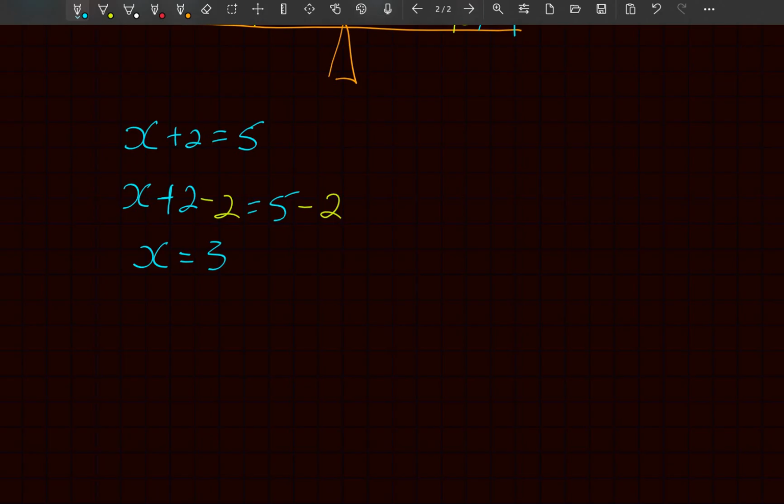Now, another example of this would be if we had something to the effect of this. Right, so we want to solve for x. We want to get x to be the subject of the formula. The first thing I would do is want to get rid of this plus 1, this minus 1, sorry. And how do I do that? Well, if I added plus 1 here, these two are going to cancel.